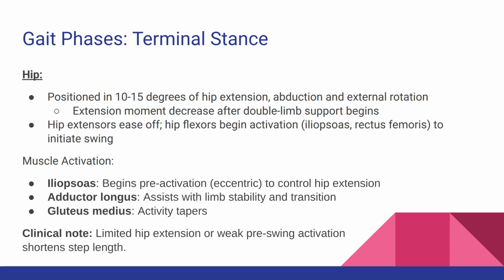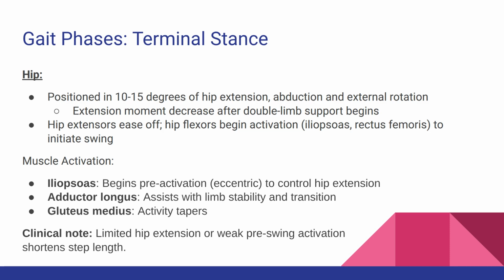At this point, the demand on the hip extensors has decreased substantially. Instead, the hip flexors, most notably the iliopsoas, begin eccentric pre-activation.